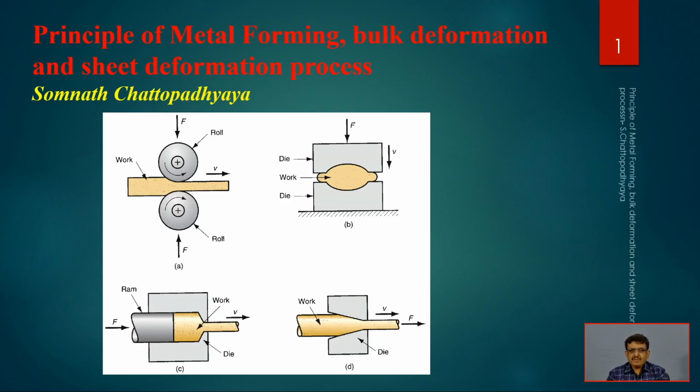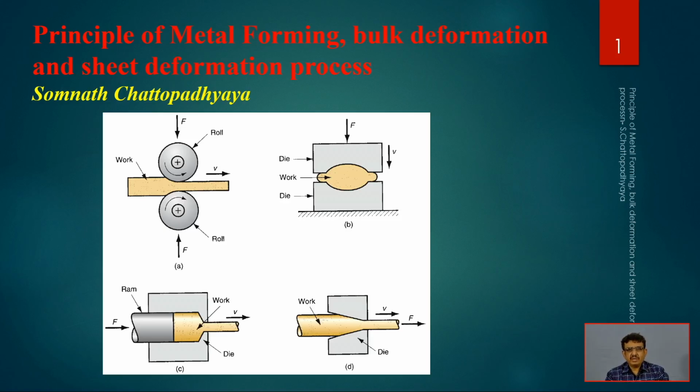We are discussing metal forming because metal forming is a very important area of manufacturing, and most of the metal manufacturing is done by metal forming. It's a very productive process, and as extensive production has to be carried out through this process, that is the importance of learning this process in detail, even in the initial parts of the manufacturing classes relevant to all disciplines all over the world.